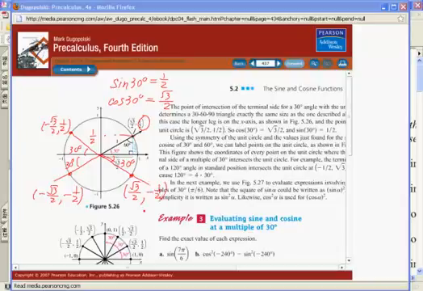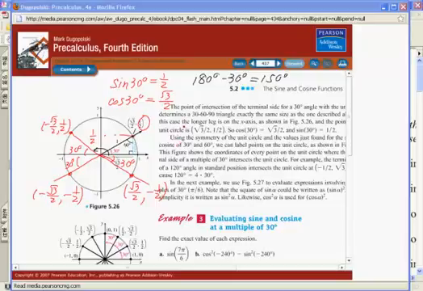So now we can find the cosine and sine values of some other multiples of 30 degrees. We know this angle here, what is the degree measure of this angle? 150, right? You see this is 30 degrees, so 180 degrees minus 30 degrees gives you 150 degrees.